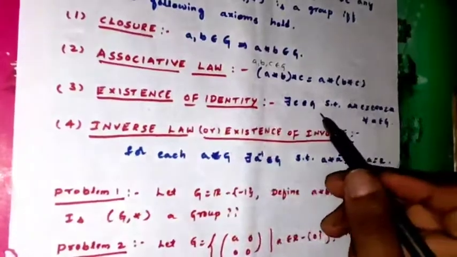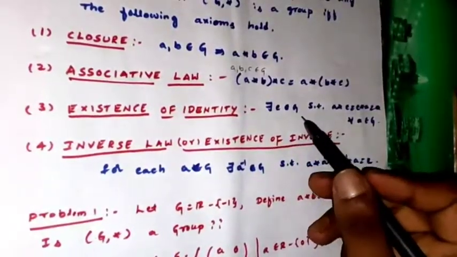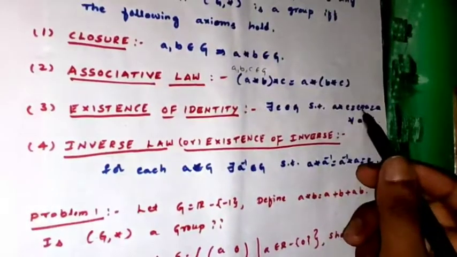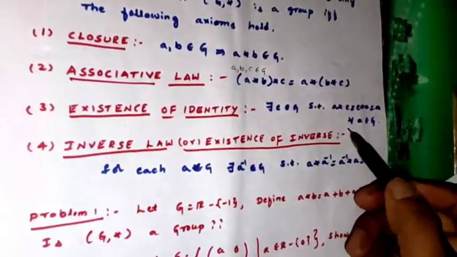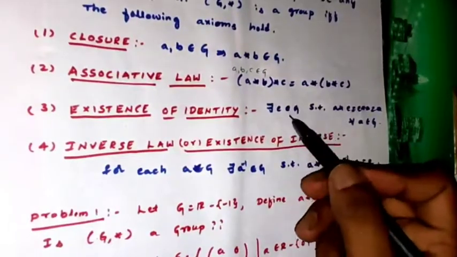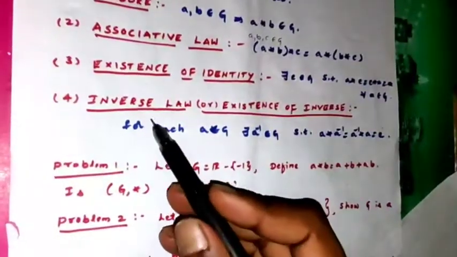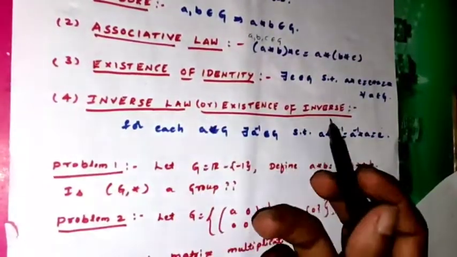And the third property is existence of identity. There exists an identity e belonging to G such that a star e is equal to e star a is equal to a for all a belonging to G. Here e we call the identity element. And the fourth axiom is the inverse law, or existence of inverse.